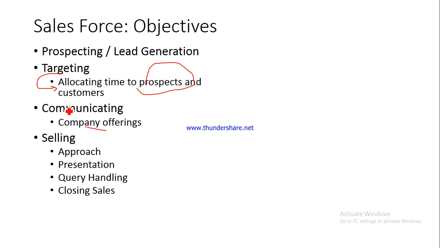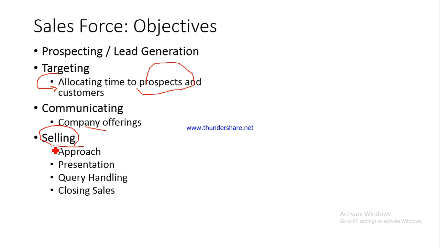Then the next thing that comes is selling. So now that you have found out the prospects and you have targeted them also, and you have communicated about your company's offerings to them, you need to sell it to them.